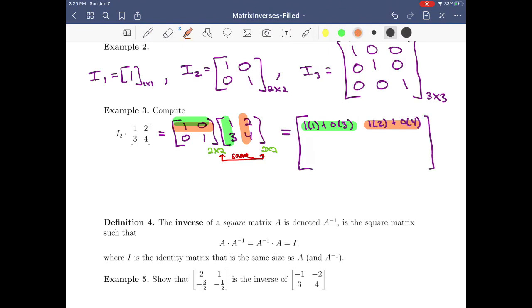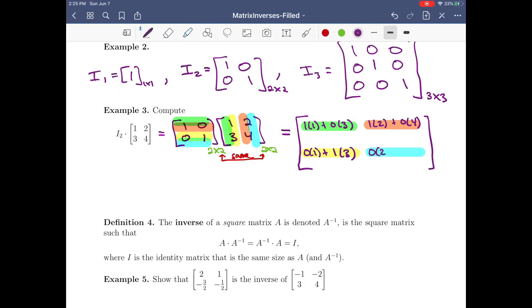Now I want to do the same thing with the second row. This row times the first column gives us this entry here. So it's 0 times 1 plus 1 times 3. And then the last one, second row, second column, gives us the entry in row 2, column 2.